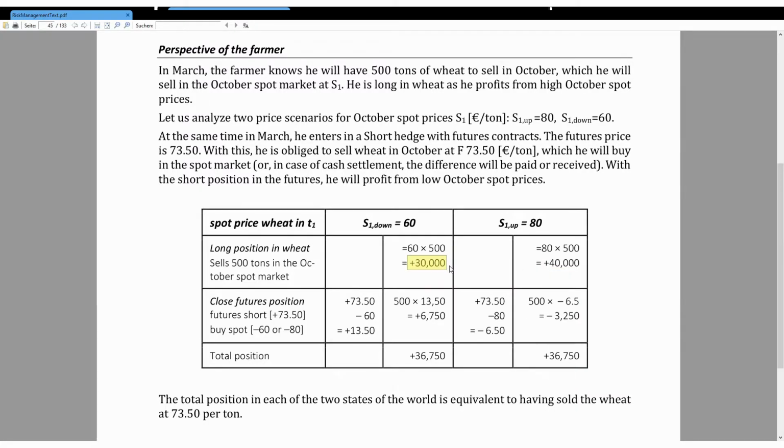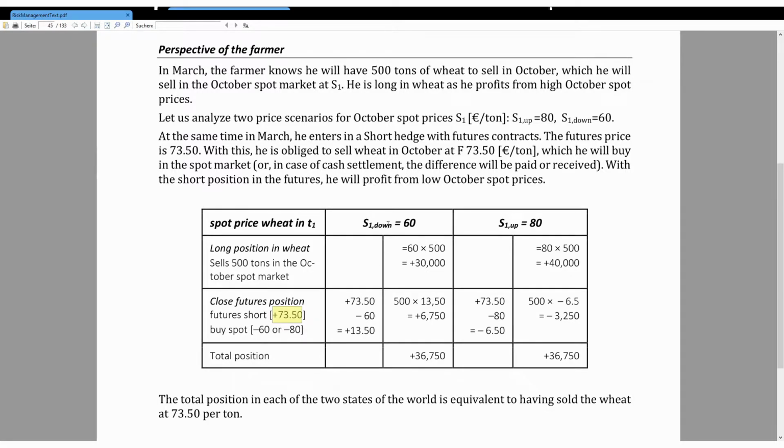To protect himself from declining prices, he will go into a futures position, the futures short position, to sell futures for 73.50. He will close that out. Actually, it will be expiring either at a price of 60 or 80, so he has to buy spot for 60 or 80.